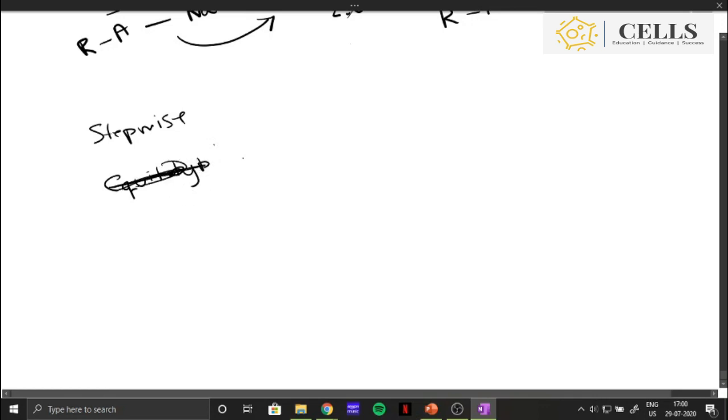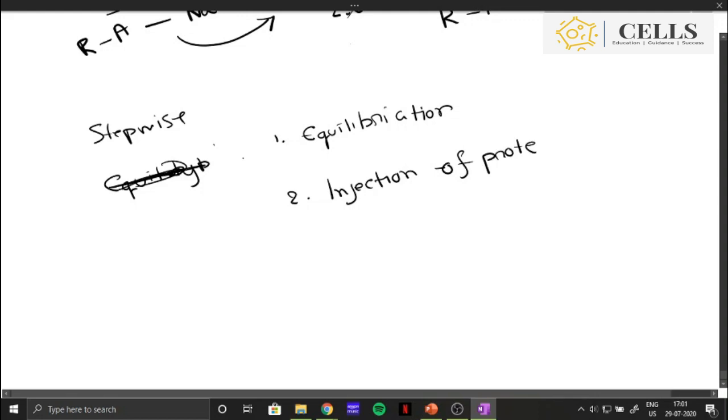Anyway, okay. First step is equilibration. Number two step is injection of protein. In this step, your protein is already bound to beads.